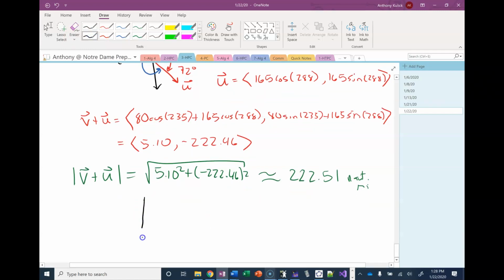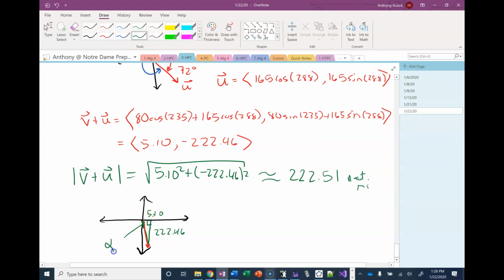And then if I want to find the bearing, start by drawing a picture. So I'm going to plot the point 5.10, negative 222.46, which is going to be like a vector there. I'm going to then resolve that vector into a triangle, where the sides of that triangle are 5.10 and 222.46.